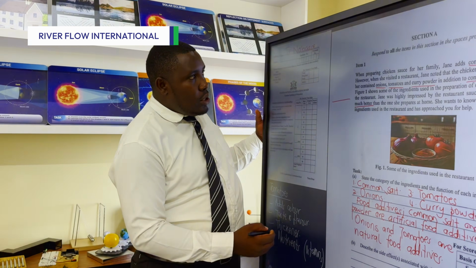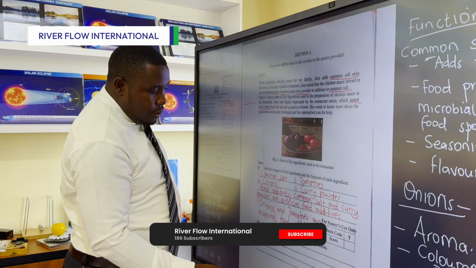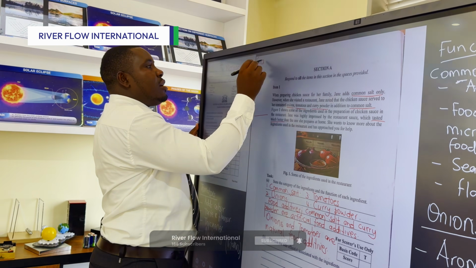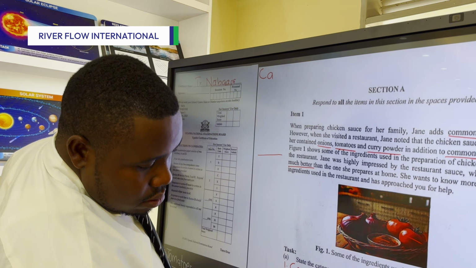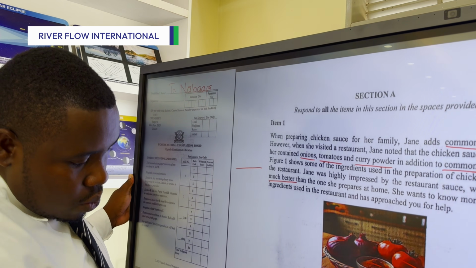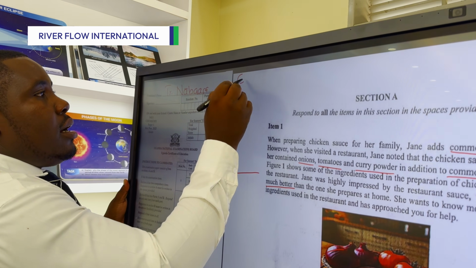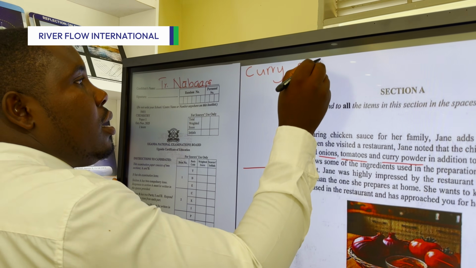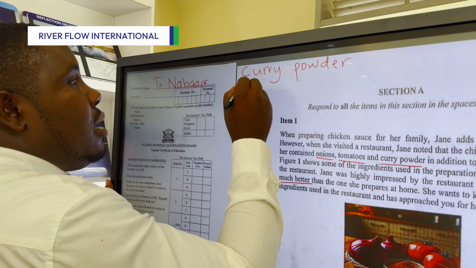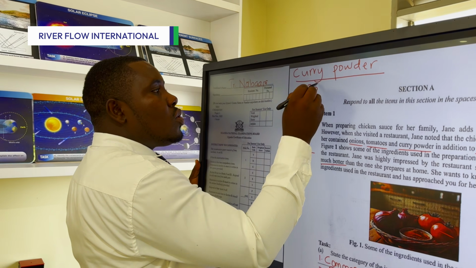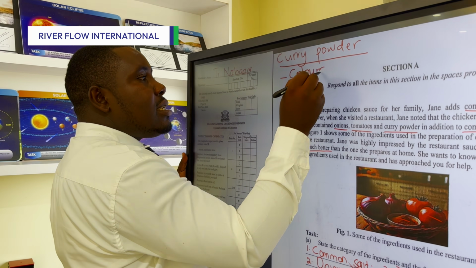Now let's look at curry powder. Let's write curry powder here. Curry powder is also a colorant.